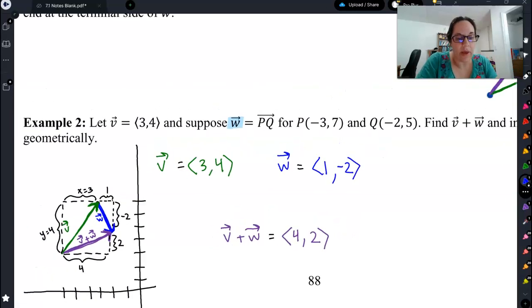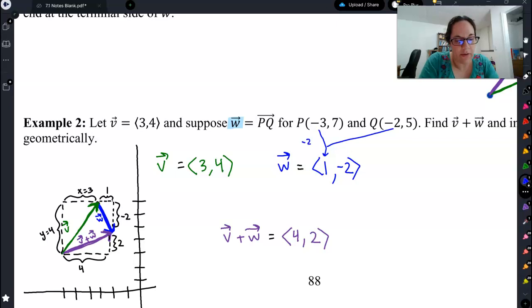By the way, the other way you can get that is to take the second X value and subtract the first X value, and that will give you the component form.